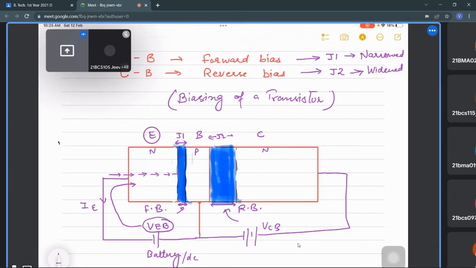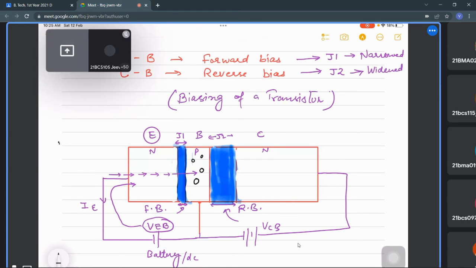Okay, and these electrons will definitely move towards the base, because they are going to cross this barrier, and here, if you remember, the majority carriers in the P base are holes. So here there are holes.